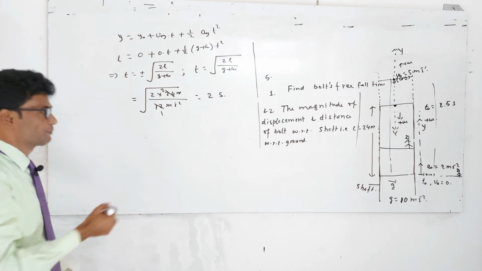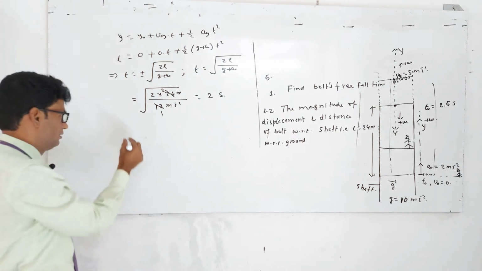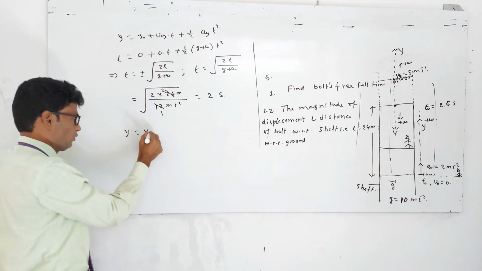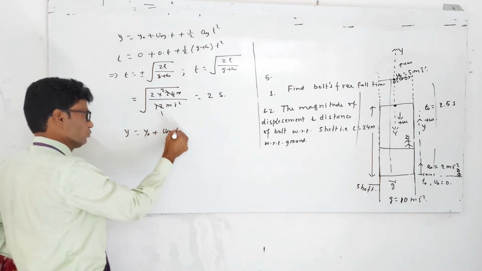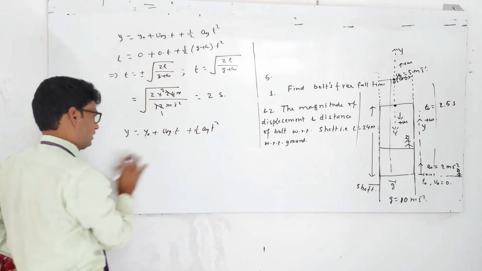So with respect to the ground frame, we are just going to use y motion. Here y is equal to y naught plus v naught y into t plus half a_y t square.